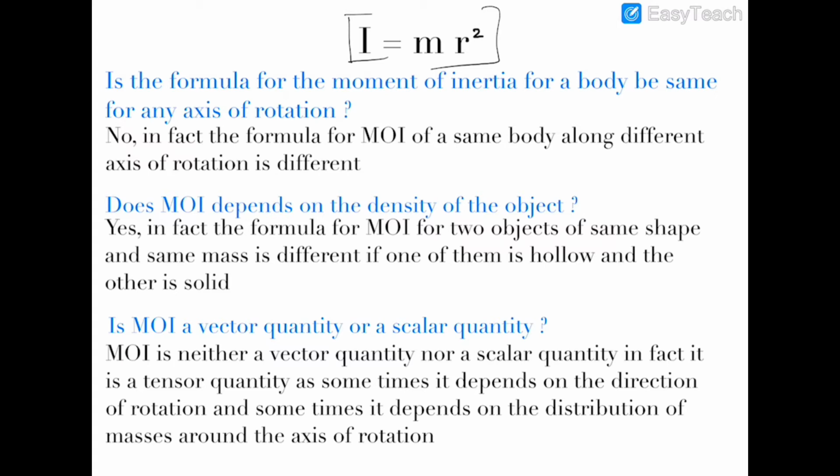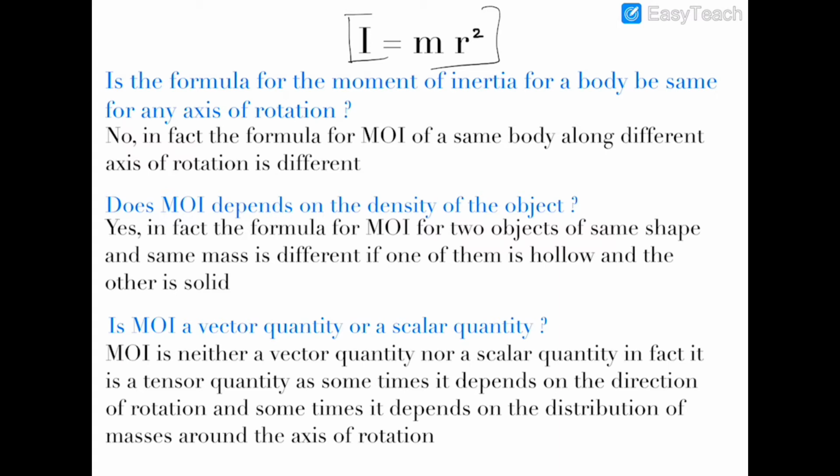So does moment of inertia depend on the density of the object? Yes, obviously, moment of inertia depends on the density, and in fact the formula for the moment of inertia of two objects of the same shape and same mass is different if one of them is hollow and one of them is solid. The best example of this is the case of a solid sphere and a hollow sphere.